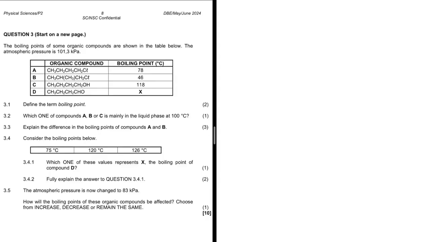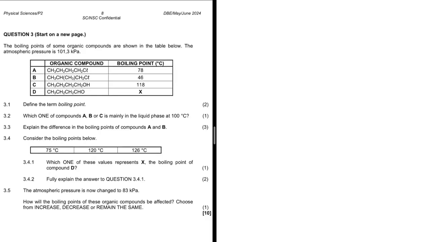Well, let's stick to the definition. What is boiling point? Boiling point is the temperature at which the vapor pressure is equal to the atmospheric pressure. So you are essentially increasing the vapor pressure so that it reaches the atmospheric pressure, and we say that we have reached the boiling point. Essentially, if you are lowering the atmospheric pressure, you will reach a boiling point way sooner than you would under normal circumstances.